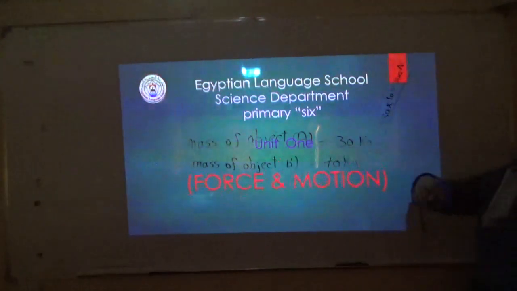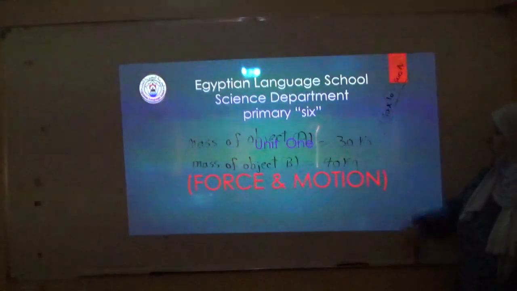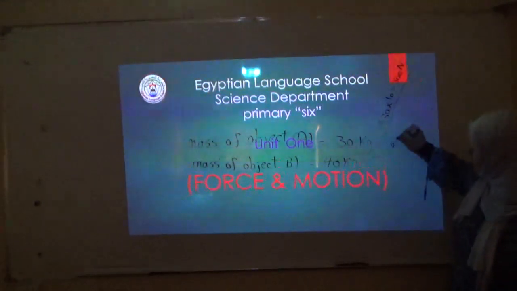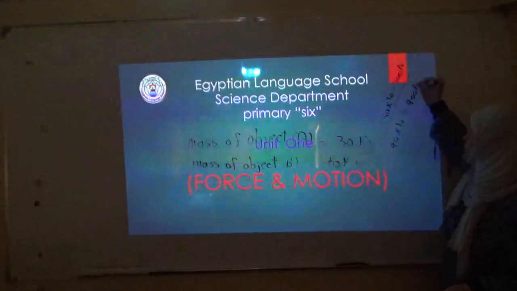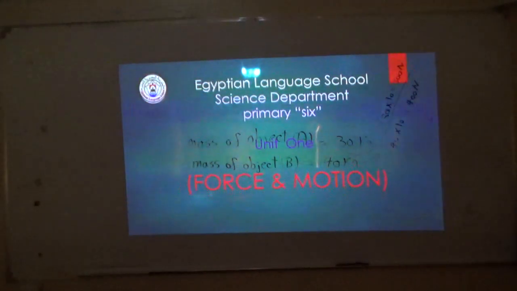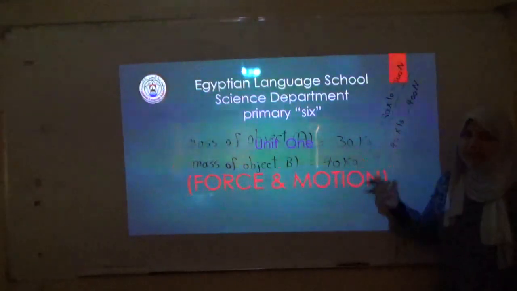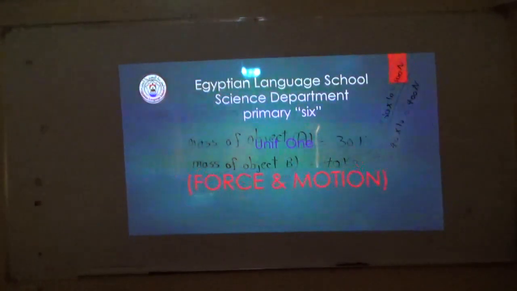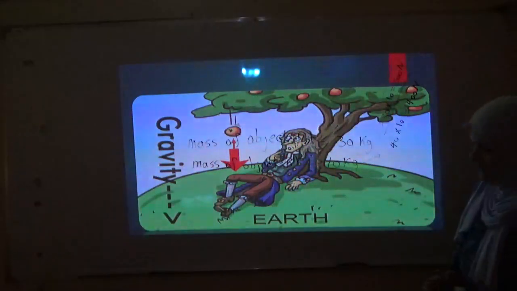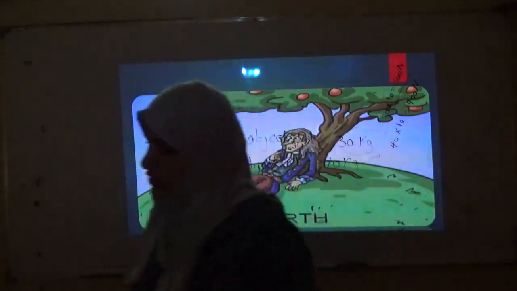And as I mentioned before, for object B, its weight will be 40 multiplied by 10. It will be 400 Newton. So, by increasing the amount of matter, by increasing the mass of the object, its weight increases and vice versa. This is the first factor that we mentioned before.